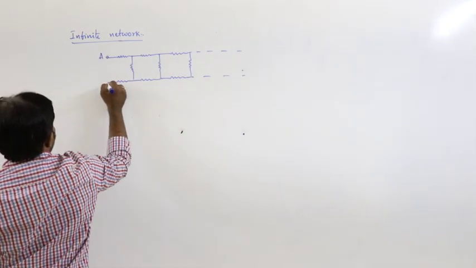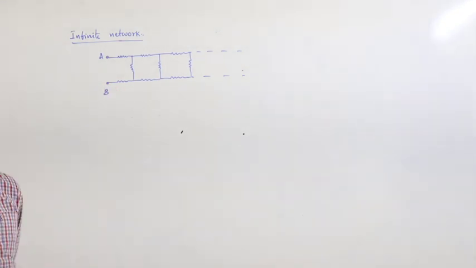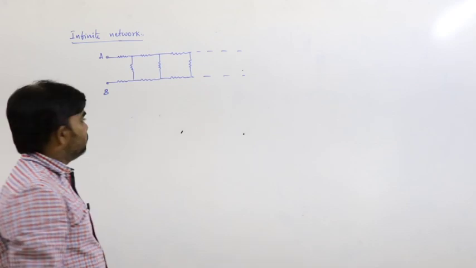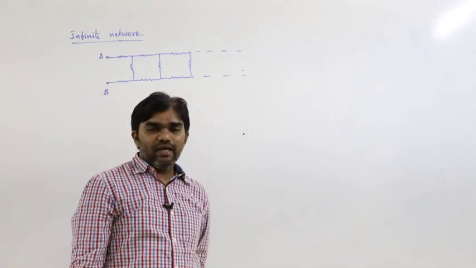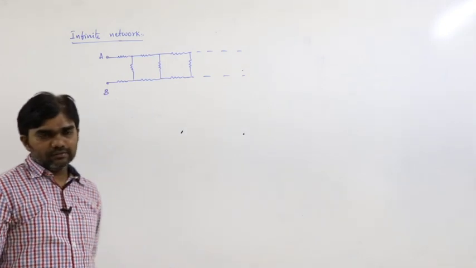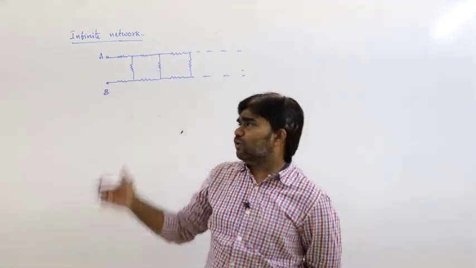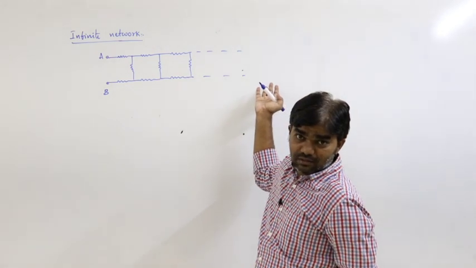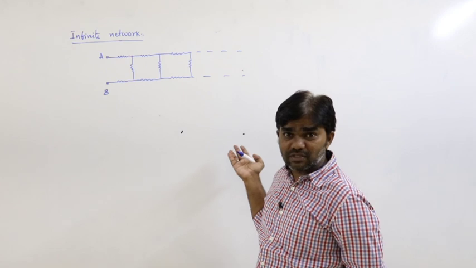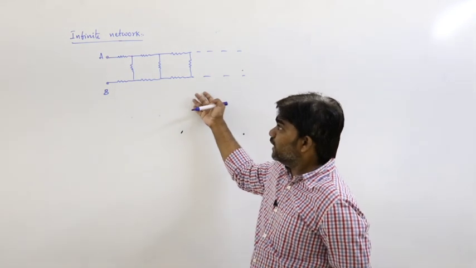So let us say a point A and a point B. How can we calculate the effective resistance between A and B? That is important here. So this is an infinite network. We don't know how many number of resistances are connected like this. We don't know that. That is called infinite network.